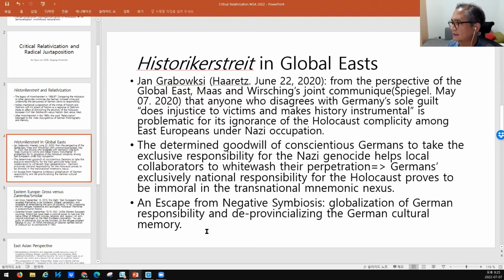But in the year 2020, we can see the Historikerstreit version 2.0 in global form, I would say. Jan Grabowski wrote a very inspiring article criticizing Maas and Wirsching's joint communique to commemorate the 75th anniversary of the end of the Second World War.